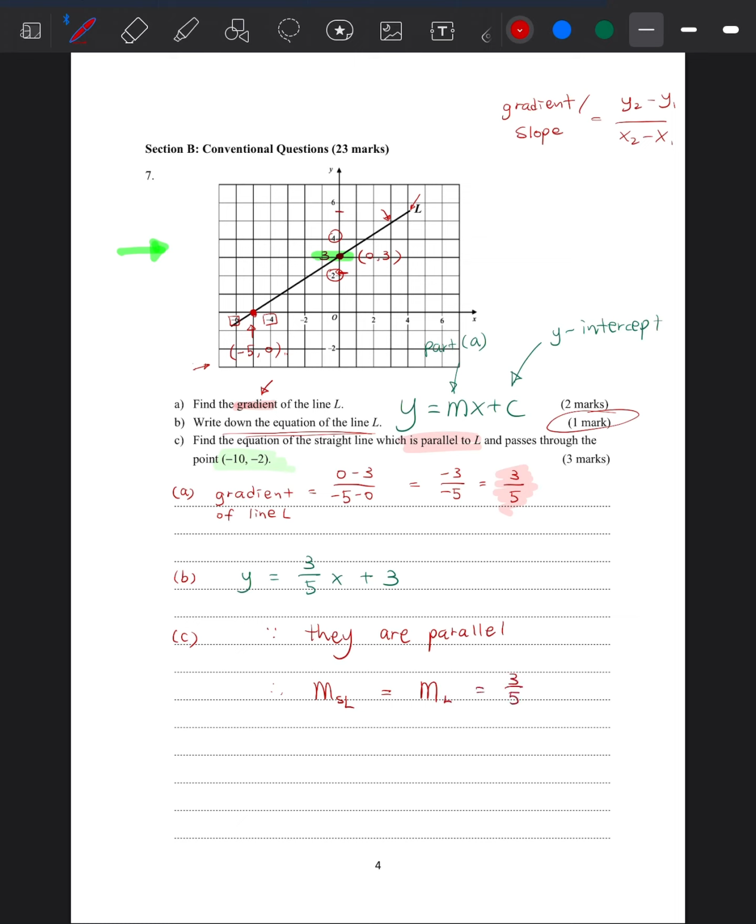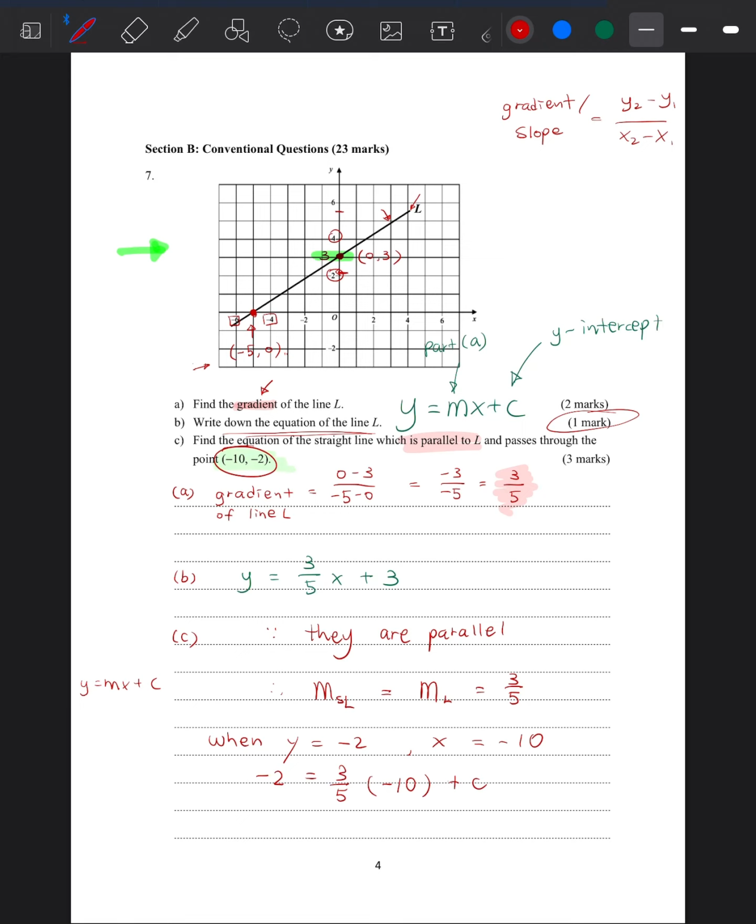which is 3 over 5. And because it passed through the point minus 10, minus 2, so when your y equals minus 2, your x equals minus 10, using the formula of y equals mx plus c, you plug in the numbers. So negative 2 equals your m, which is 3 over 5, times your x, plus c.